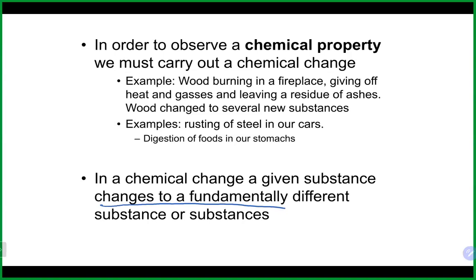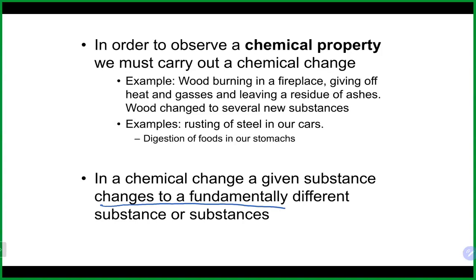So we've actually made something new that is different than what we started with. And there's really no way to get back sort of our original substance by any type of physical means, boil it, freeze it, whatever you want to do to it. You can't get back what you sort of originally started with.